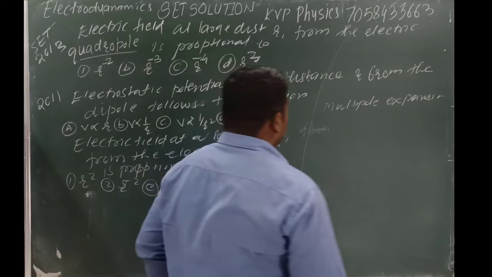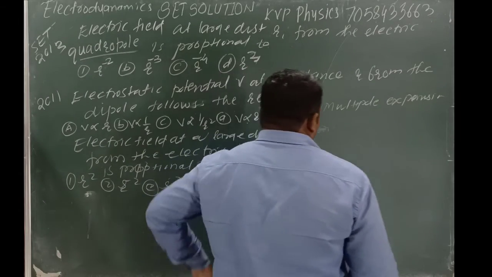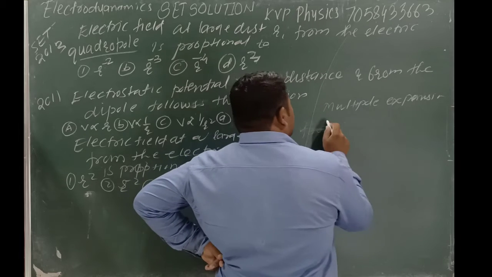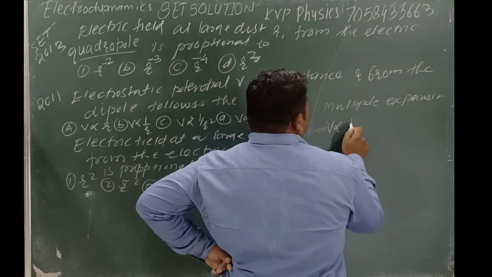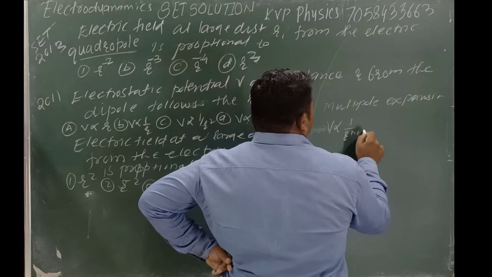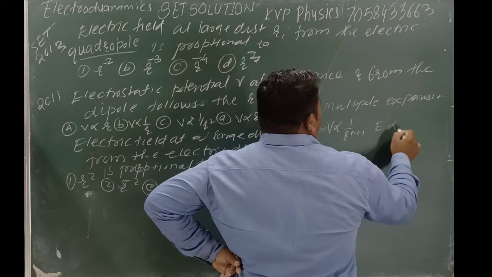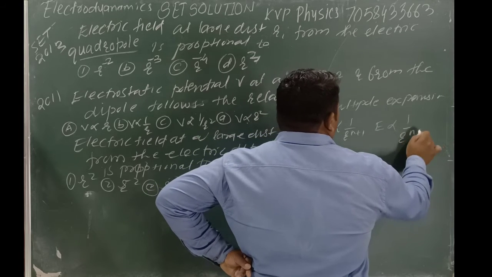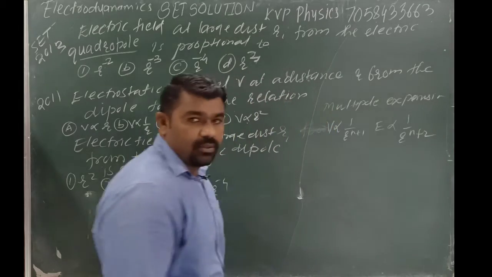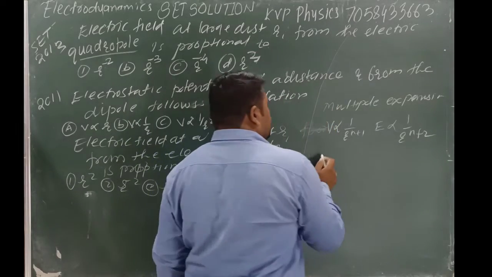Yes, it's proportional to. Okay. Now here always memorize: in multipole expansion, potential V is directly proportional to 1 upon r to the power n plus 1, and electric field is directly proportional to 1 upon r to the power n plus 2. Okay. And here n starts from 0.